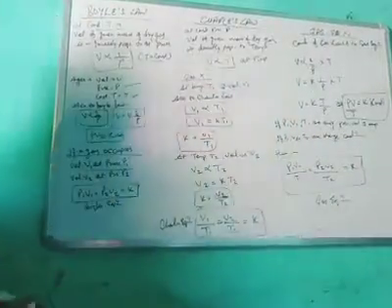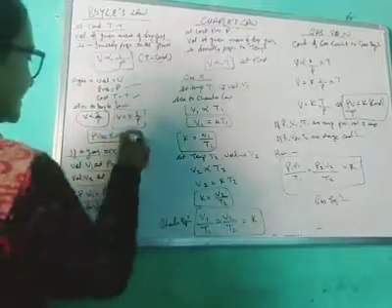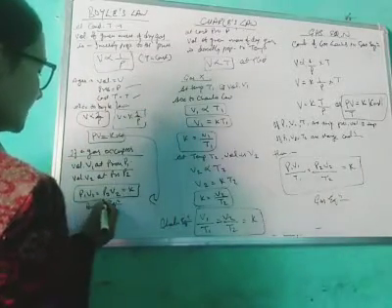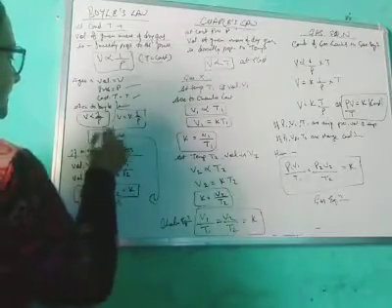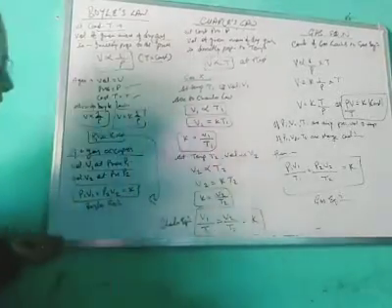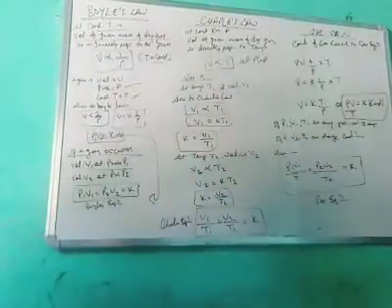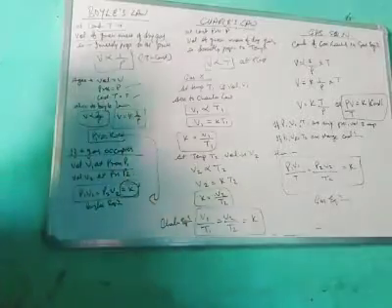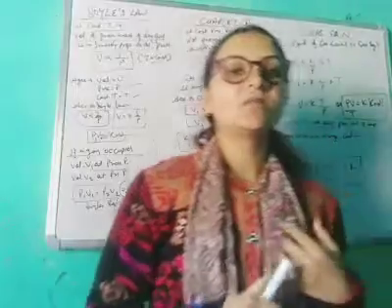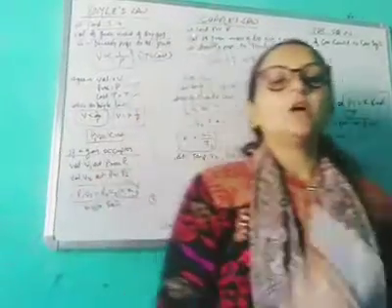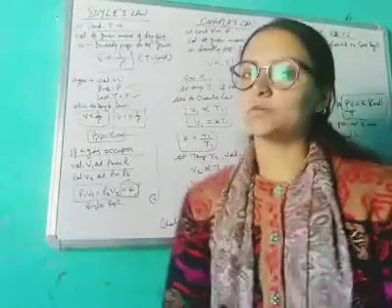According to Boyle's law, we can write this situation like this: P1 V1 equals P2 V2 equals K. Here P1 V1 equals P2 V2 because two conditions are there, so it is constant. So this is Boyle's equation. Boyle said that at constant temperature, the volume and pressure of a gas are inversely proportional to each other, and this is the equation for that.